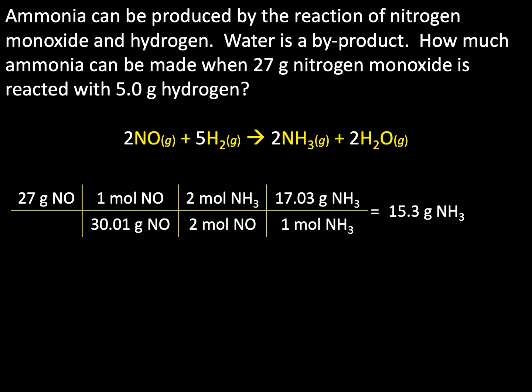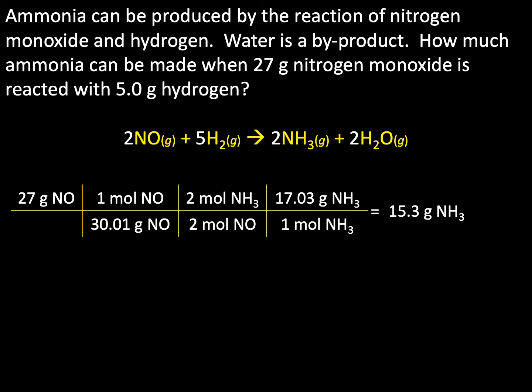Okay. Now, we're not done yet because that calculation we just did assumed we have plenty of hydrogen. But there are two starting materials in this reaction. It's like doing a recipe and you might have tons and tons of chocolate chips, but if you don't have any sugar, well, it doesn't really matter how many chocolate chips you have. So we have to look at both starting materials.